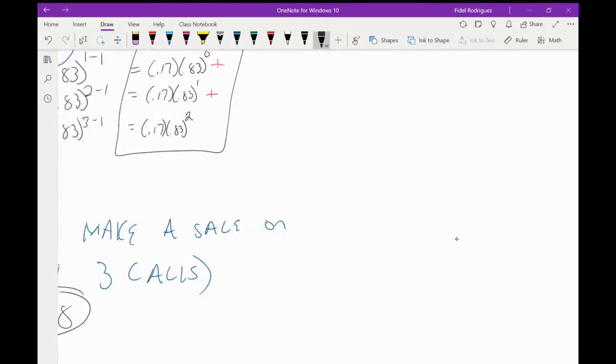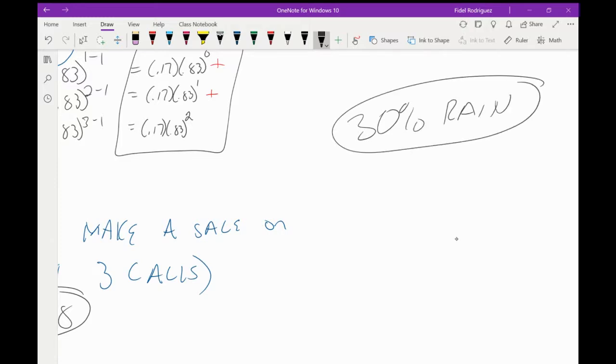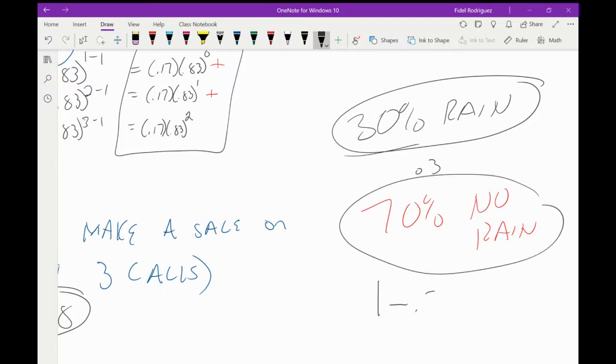If you watch the news tonight, and the weatherman says, hey, there's a 30% chance that it's going to rain, then we could say there's a 70% chance that we're going to get no rain. How do I do that? Well, I think of 30% as 0.3. And then the probability that there's no rain, I would say 1 minus 0.3 is 0.70. And 0.70 is the same thing as 70%.